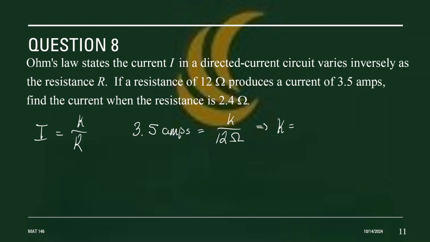So what's K? Twelve times 3, 36. Half of 12 is 6. 42. So K is 42 ohm-amps.